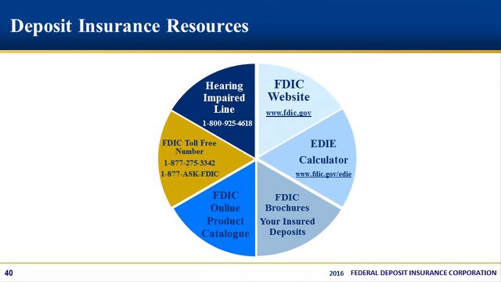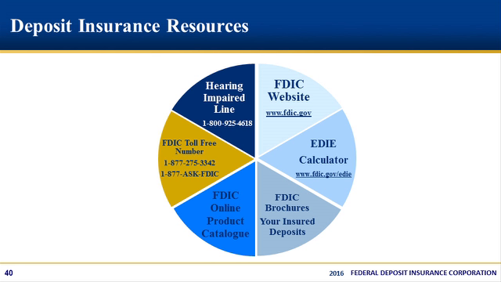The FDIC's website, located at www.fdic.gov, is an excellent resource for bankers as well as any depositor or other interested party who is looking for information about FDIC deposit insurance coverage. The FDIC is constantly updating this website with current deposit insurance information whenever there is a statutory or regulatory change affecting deposit insurance coverage.